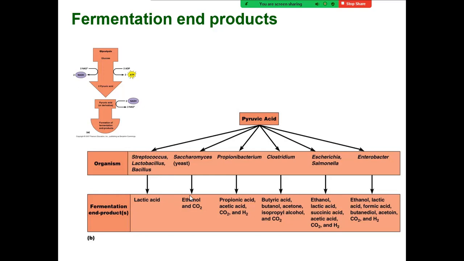Ethanol or ethyl alcohol fermentation was given to my friend who teaches biology mostly, and yeast engage in ethanol fermentation, and they make ATP from the pyruvic acid, which will be converted into ethanol. Any question about any of that?